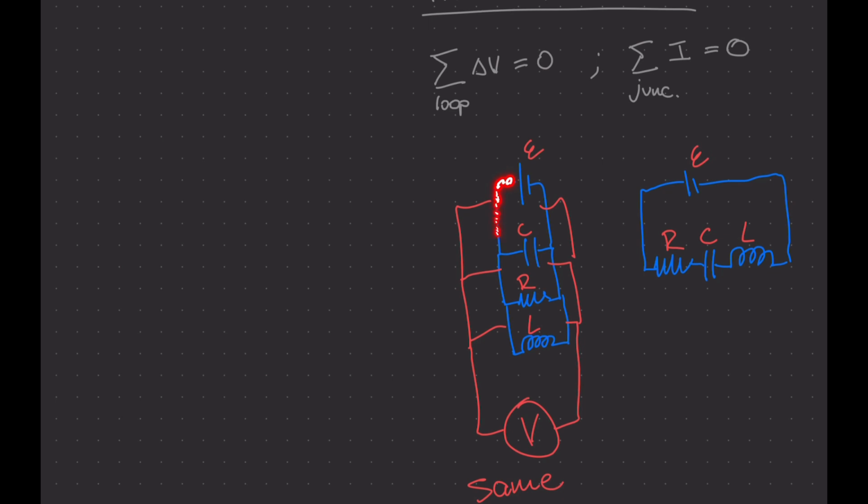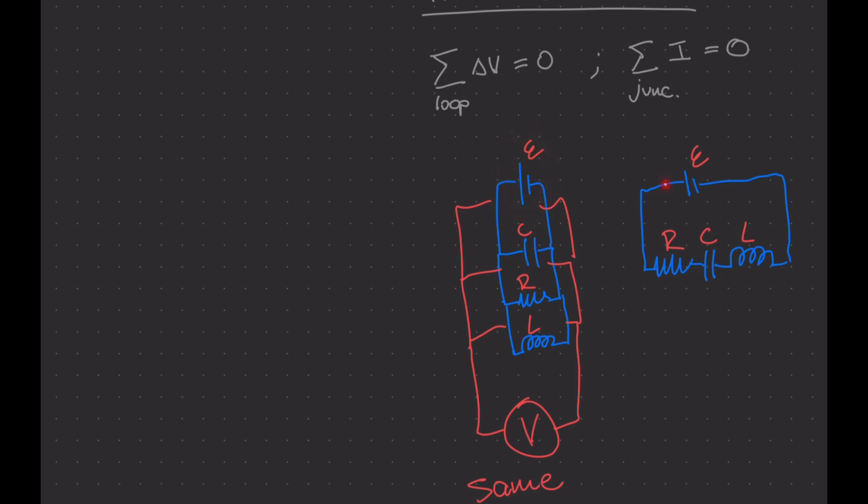It sets this side of the wire to that potential. So this is going to be at that potential, this is going to be at that potential, and this is going to be at that potential. And same thing on this side. So wherever you take the voltmeter, you can measure this and this, or this and this, or this and this. All of it is going to give you a potential difference of this.